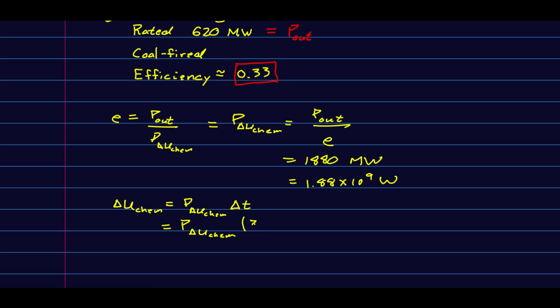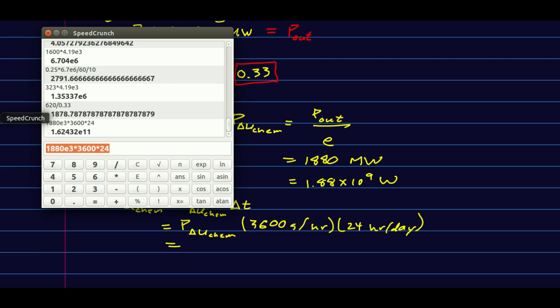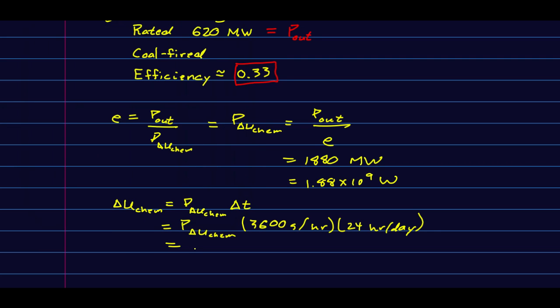So that's 3,600 seconds per hour, 24 hours per day. And if you multiply that all out, you get about 1.6 times 10 to the 11 joules, which if you now look up how much energy is in a kilogram of coal, say, you can work out how much coal the Lingan power plant has to burn if it runs at peak output.